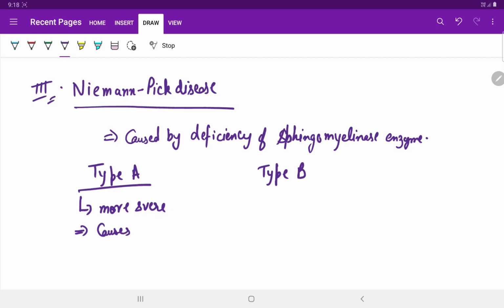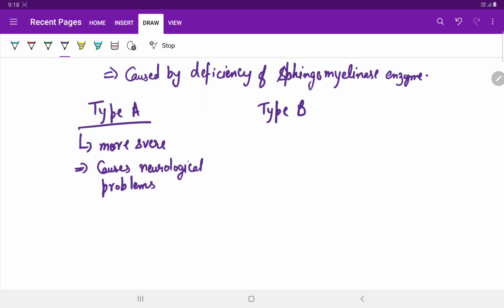That causes various neurological problems. And it is fatal.